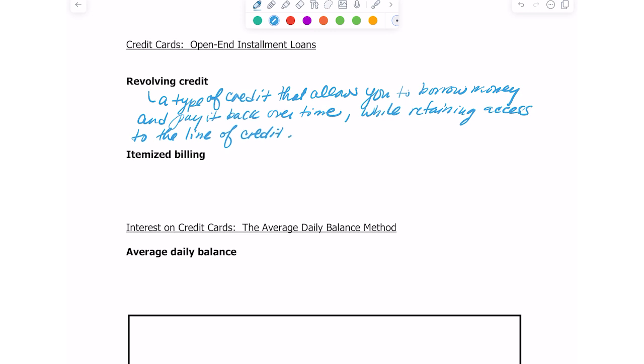So for instance, your credit card, maybe you have a revolving credit of like $10,000. And let's say that your balance right now on your credit card is $4,000. So you can still access that extra $6,000 while you're making the minimum monthly payments and interest.